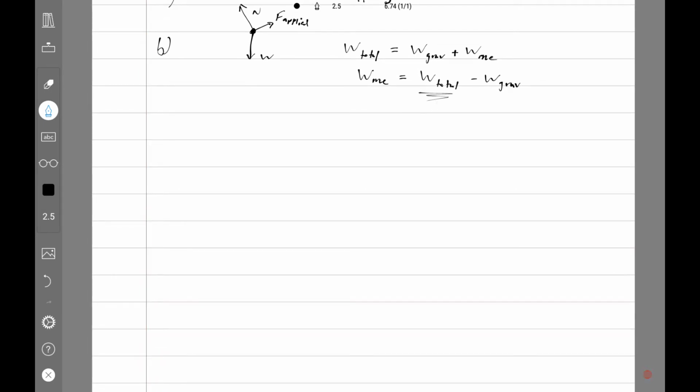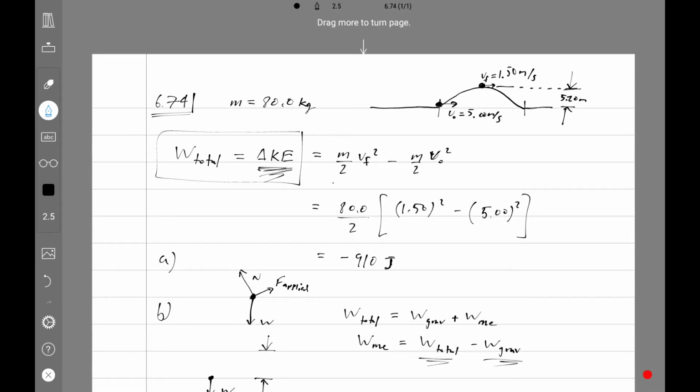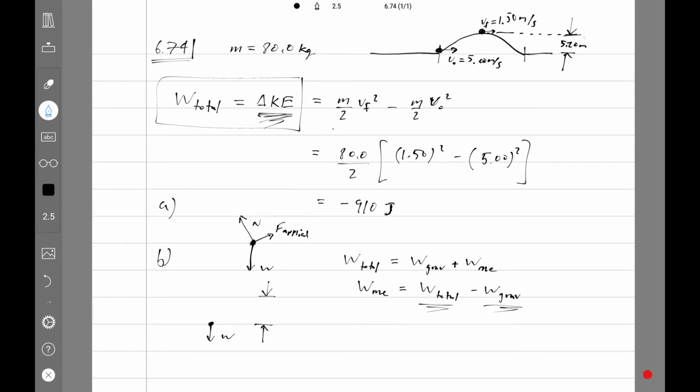This I just calculated, and this I can calculate easily. All I need to know is the force that gravity applies on me, and then the displacement in that direction, which we were given. That was the 5.2 meters.